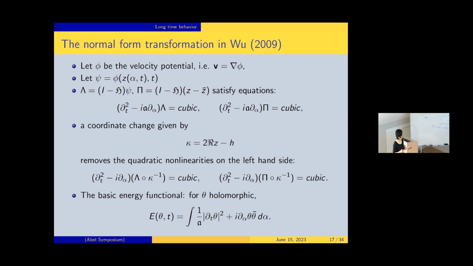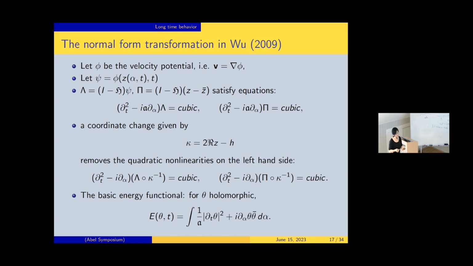So the equation will look like dt squared minus I d alpha, which looks like linear constant coefficient. Of course there is still something nonlinear involved, but straightforwardly speaking, this acting on lambda after the change of coordinates becomes cubic, and this acting on this is cubic.